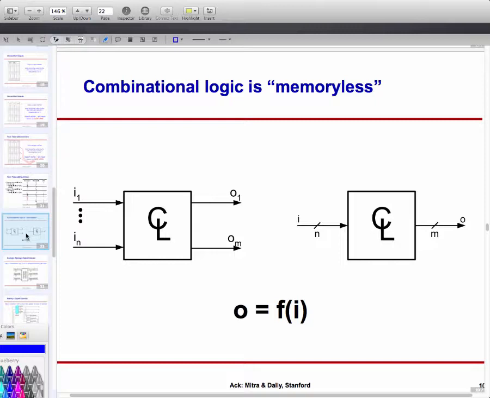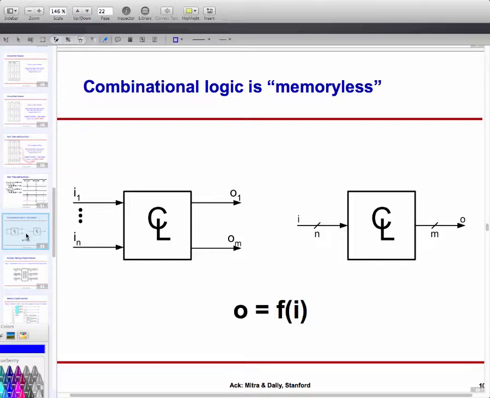This is what is shown here: on the input side, on the left, we have n inputs, and on the output, there are m outputs. As I change the inputs, one of the bits goes from 0 to 1 or vice versa, or more than one bit, then the output will reflect whatever the truth table was implementing.